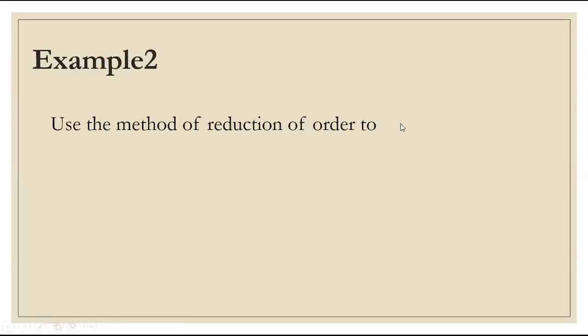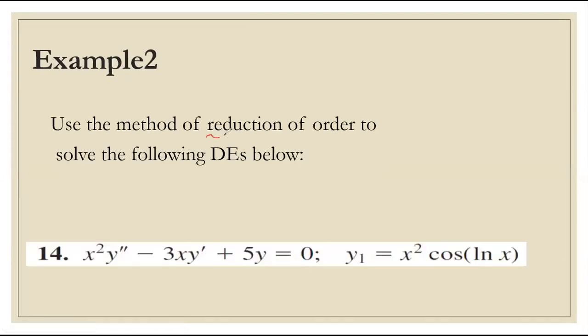But by the way, this is the first step or first idea if my differential equation is homogeneous. So here I need you to use the reduction of order to solve this differential equation. What I mean by solve the differential equation is that you need to find the general solution.